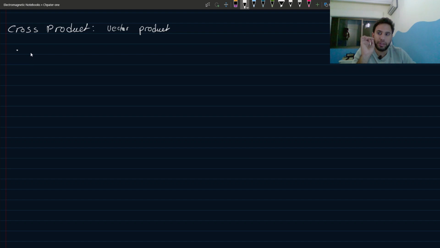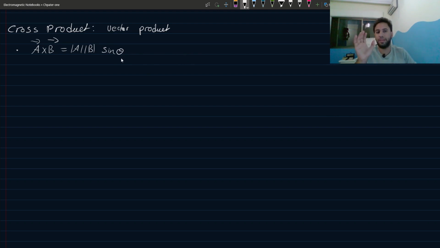Cross product is expressed as A cross B. And this will equal the magnitude of A multiplied by the magnitude of B. So far, it is just like the dot product. However, here we have sine theta instead of cosine theta.